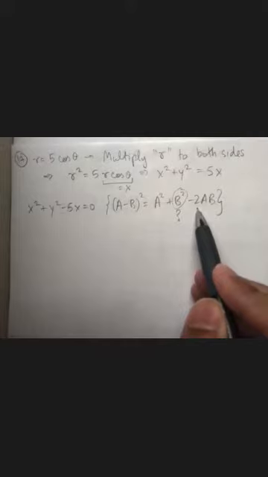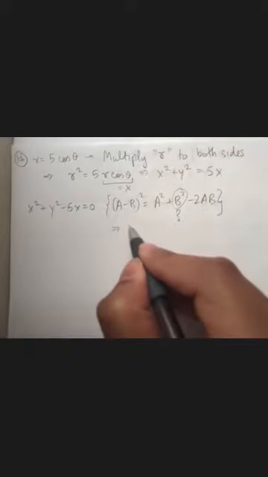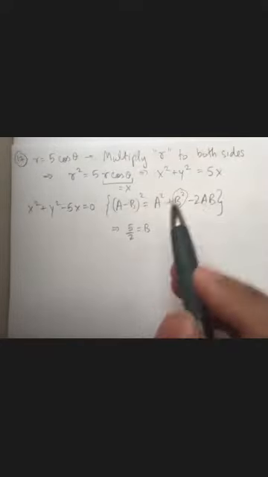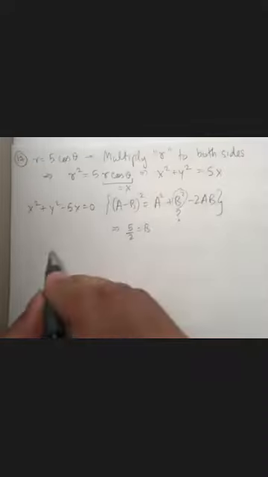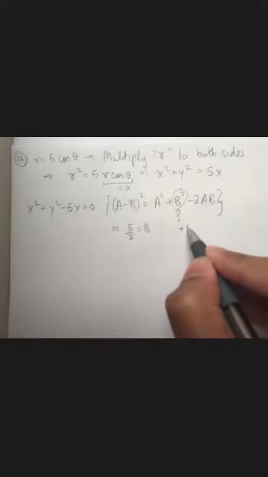A is x, we have x here, and we have 2. So it means b is 5/2. So to change this into this form, we add and subtract b square to this equation, because adding and subtracting does not change anything.